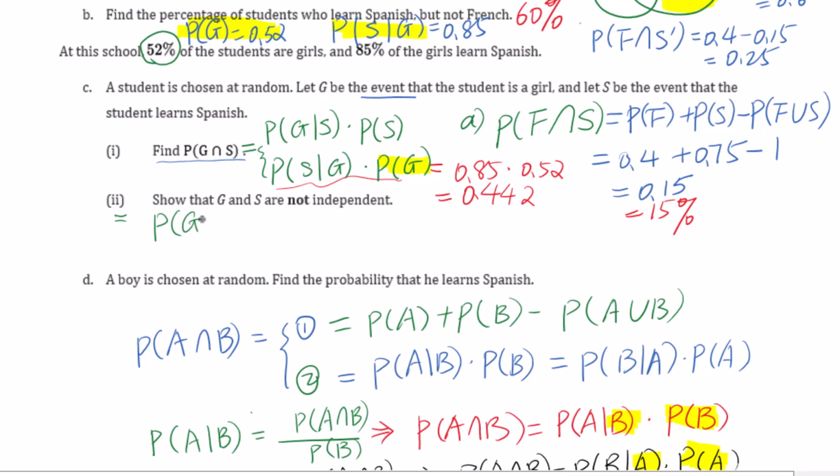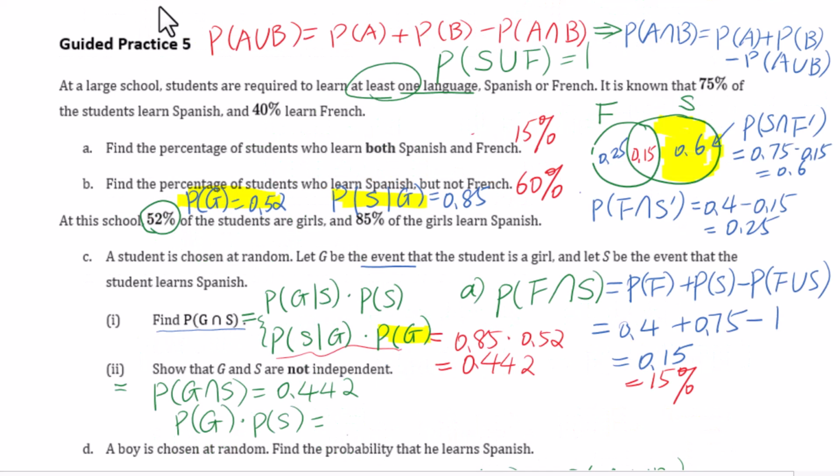C2, show that G and S are not independent events. Probability of G intersection S, we already figured out that is 0.442. But probability of G times the probability of S equals, we know probability of girls is 0.52. Probability of Spanish is 0.75.